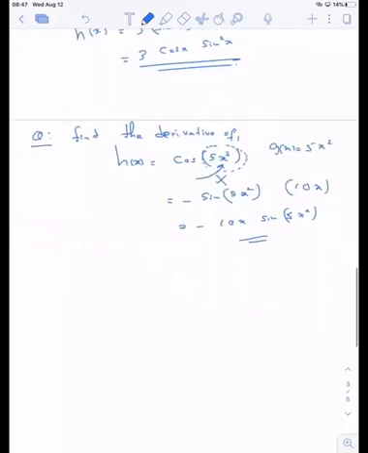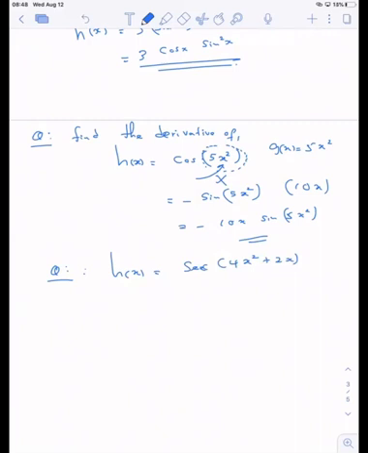Right, next one. Let's do it in this way rather than going through a lot of things. Here is another example: sec, this is sec. These are for you to complete at home. This is one example: sec of 4x squared plus 2x.